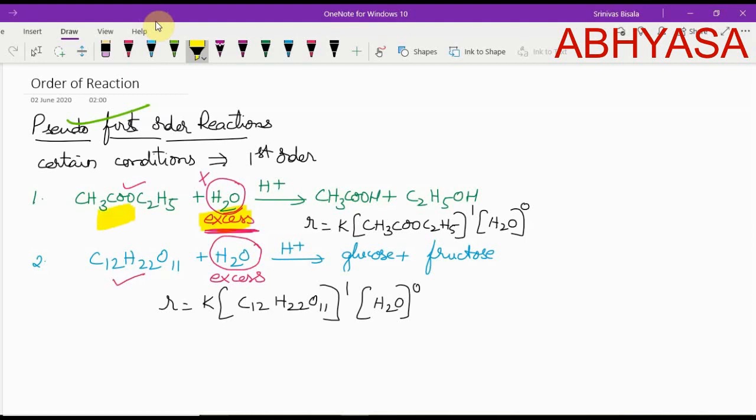So in both cases, rate does not depend upon the concentration of water; rate depends upon the concentration of ethyl acetate in this case and the concentration of sucrose in this particular case. And in both cases, the order is 1. That is the reason why we call them pseudo first order reactions. So that is the basic information about the order of reactions.